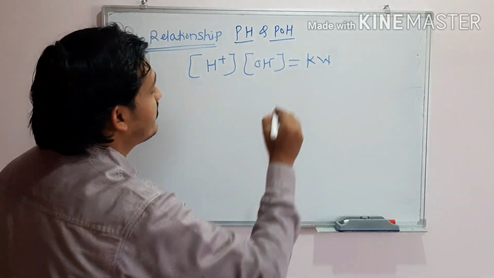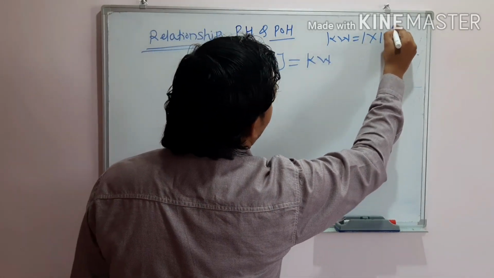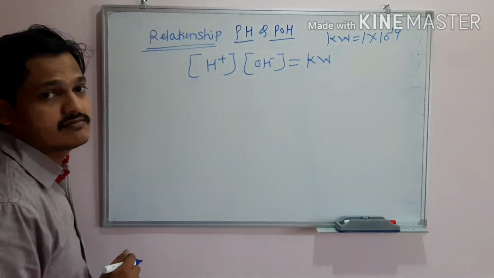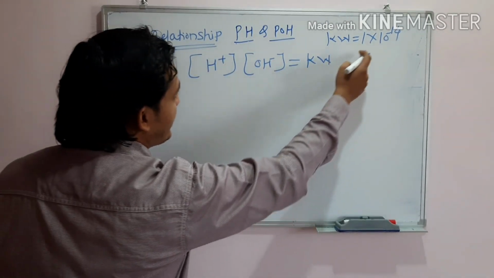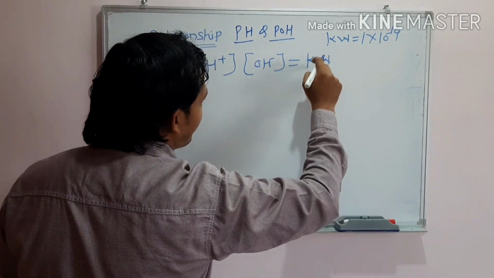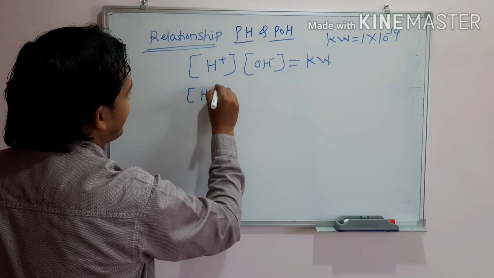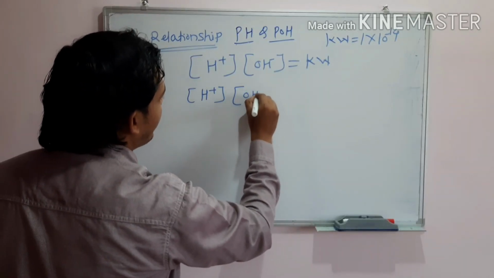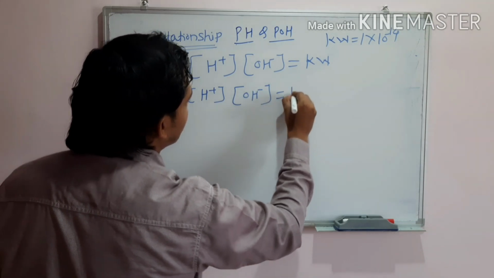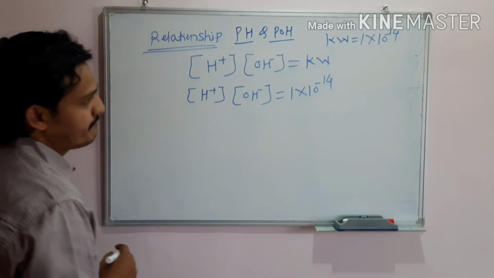As we know, the value of the ionic product of water, Kw, is equal to 1 into 10 to the power minus 14. So I am putting this value there. Our next step is, in bracket H plus, that is the molar concentration of H plus ion, in bracket OH minus ion is equal to 1 into 10 to the power minus 14.